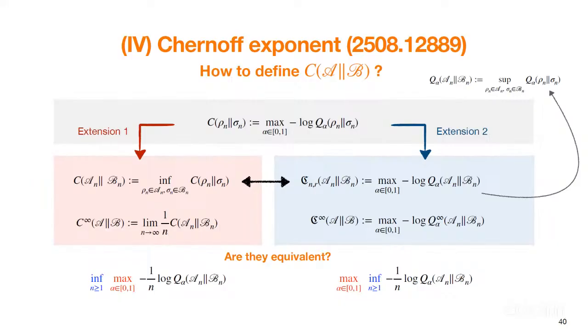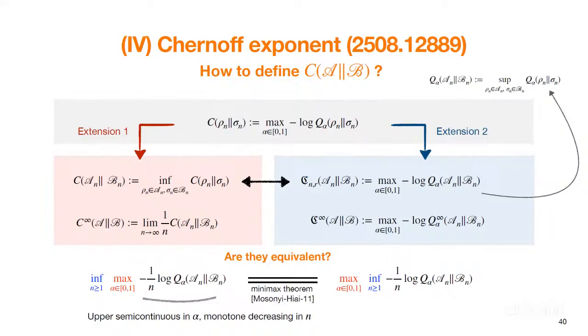We have the minimax problem here, but you can still argue that the objective function behaves nicely, is semi-continuous and monotone in n, and also you can apply another variant of the minimax theorem by Mosonyi and Hiai in the paper. So it's very important that for the Chernoff divergence here, the maximum over alpha is over a compact set. This is a very important fact that we use. Otherwise, you cannot apply the minimax theorem.